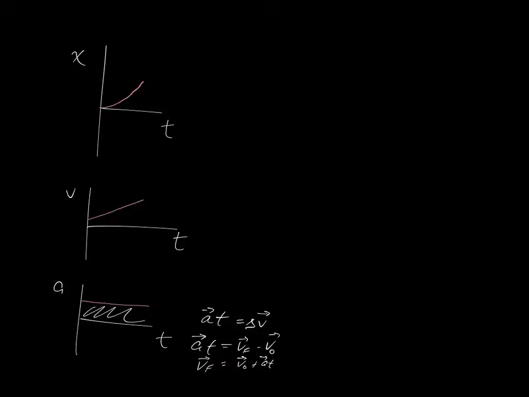So now I want to take this area on the velocity graph. And there's essentially two ways I could do it. I think I'm going to take this rectangle right there and add to it this triangle right there. So I'll add those areas.